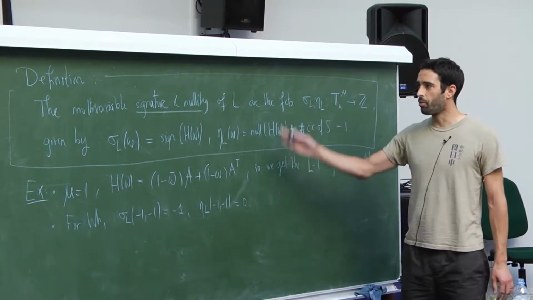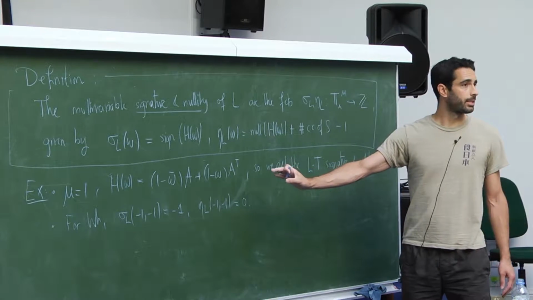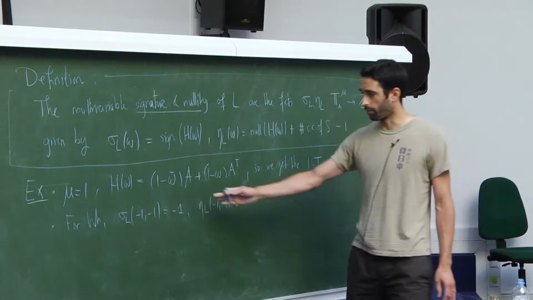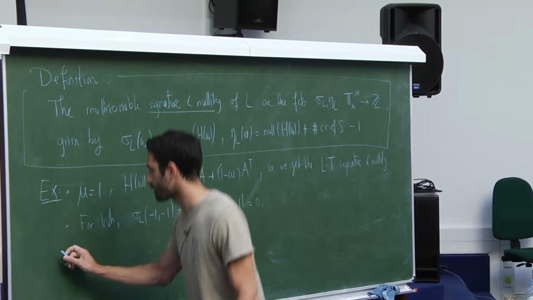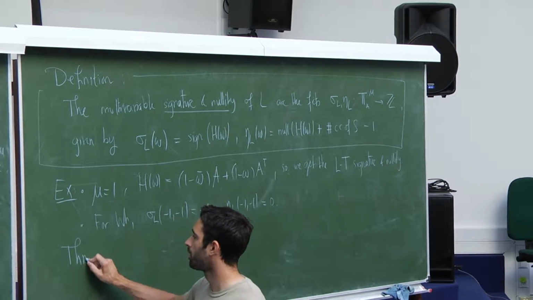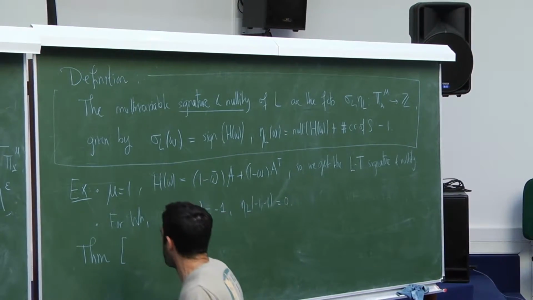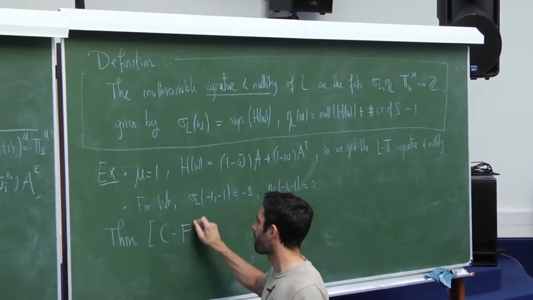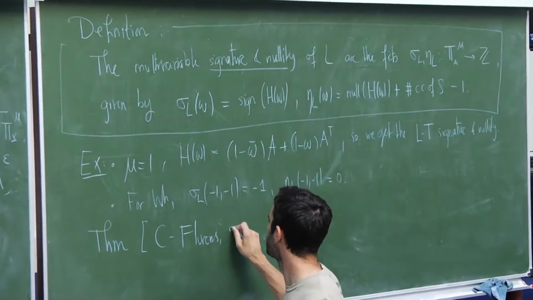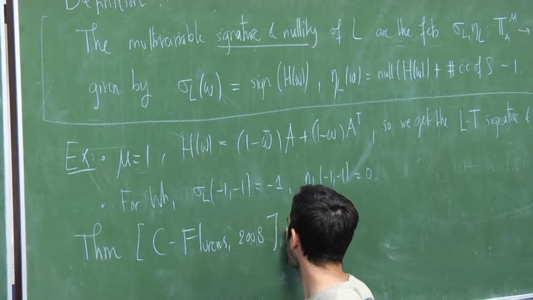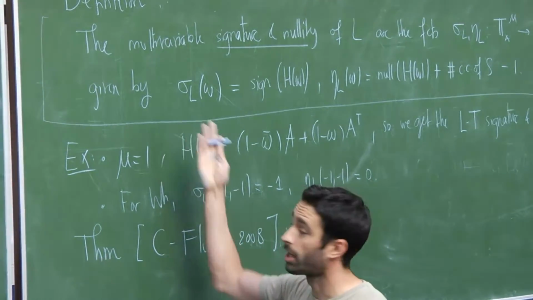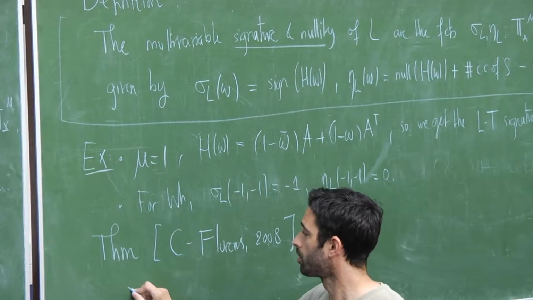So, of course, the main result that I'm going to state in this talk is actually the following one, which is kind of old now, theorem, which we obtained with Vincent Florens quite some time ago, is that these are actually invariants.